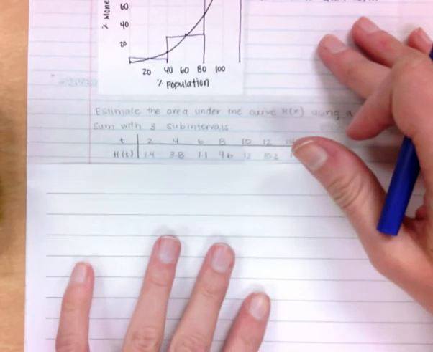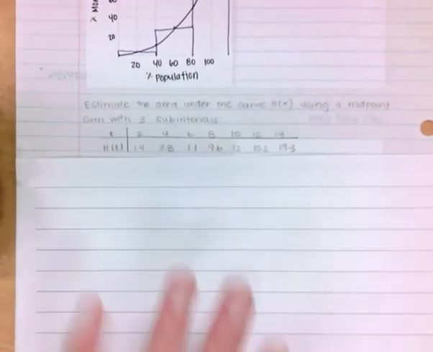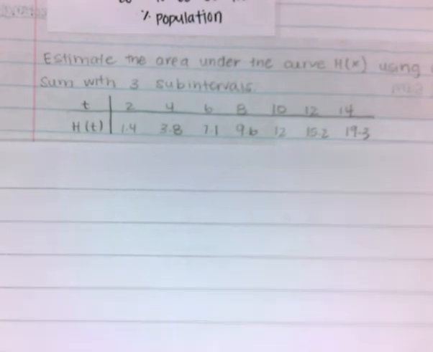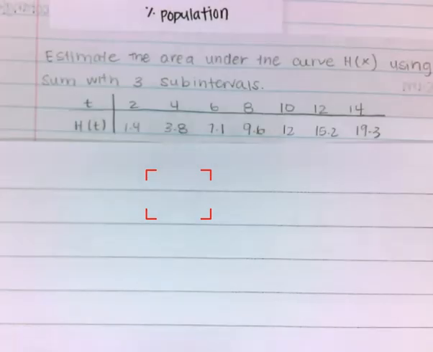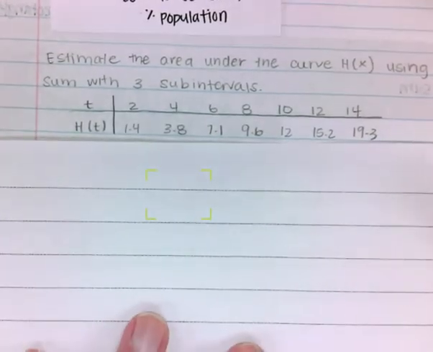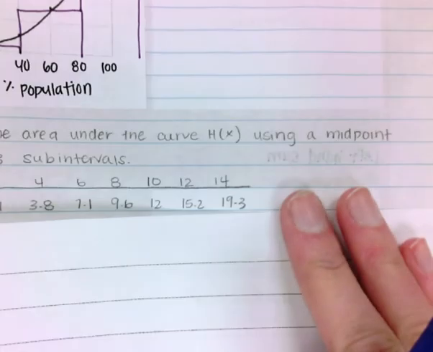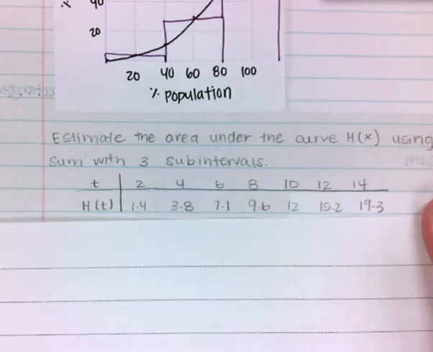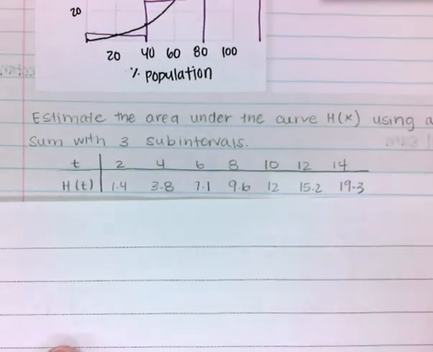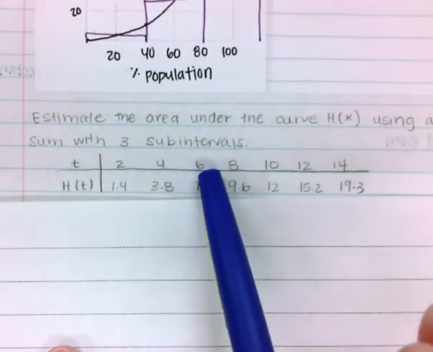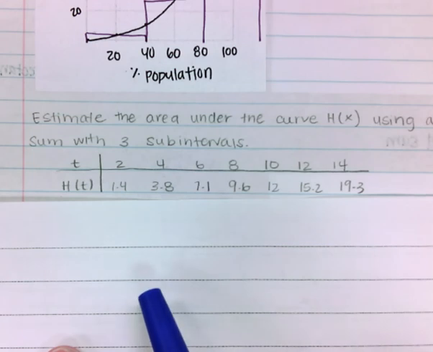So that's why we need this new example. So here's your example. So you need to estimate the area under the curve, which is h of x, using a midpoint sum with 3 subintervals. Okay, so pause that so you can write out this problem.